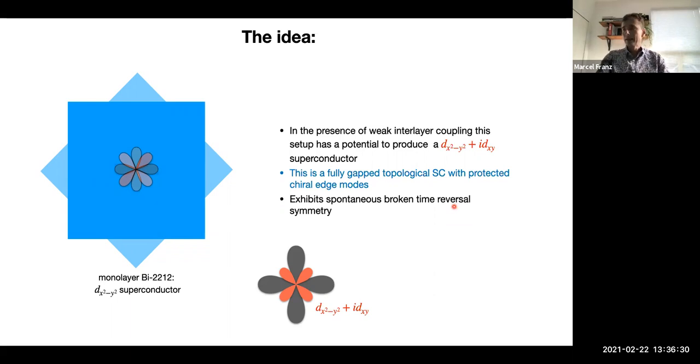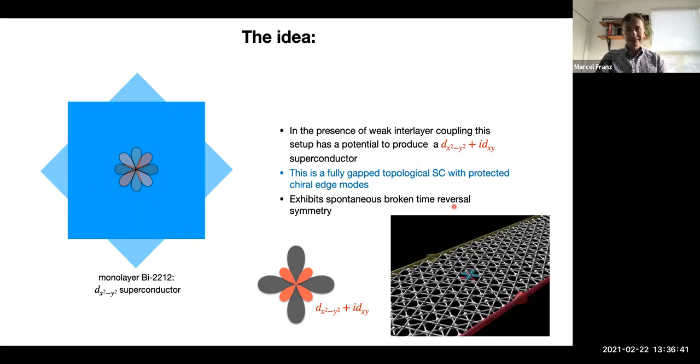And there are now experimental efforts in several labs that seek to establish whether this is actually true. So if this were a spontaneously time-reversal-broken D plus iD superconductor, this would be the cartoon of the resulting material. It's a fully gapped superconductor in the bulk, and it would have these protected chiral edge modes.